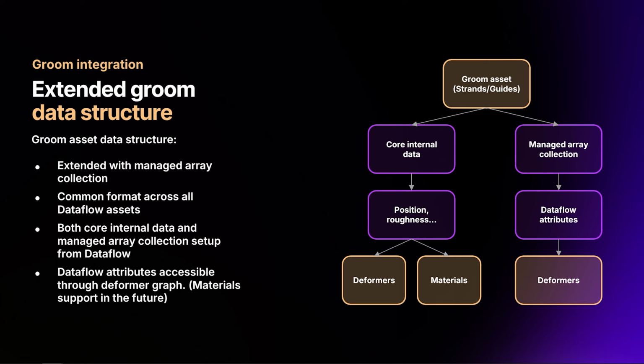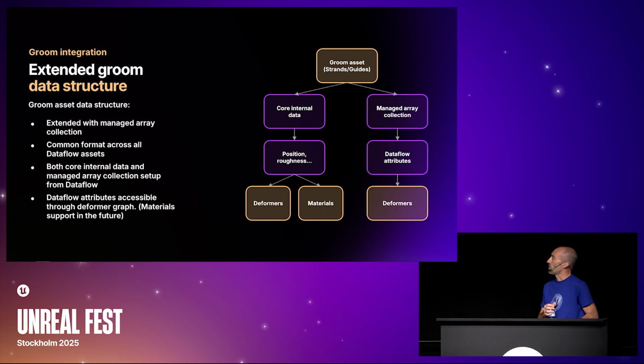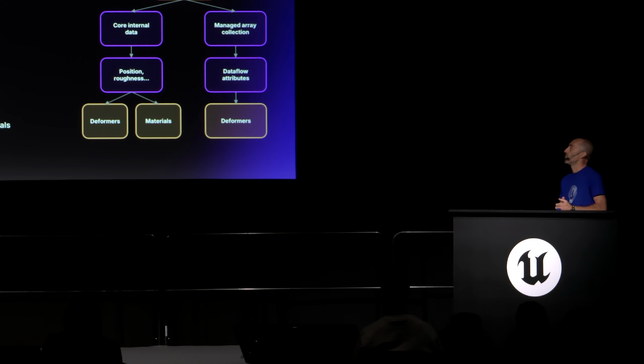So we extended that, and we added the managed array collection into the Groom, holding Dataflow attributes, and these attributes are available for deformers. We plan to expose them in materials as well, in case you want, for example, to define in Dataflow some rendering attributes that could be used in materials. So it's on the roadmap. I hope it will be quite soon.